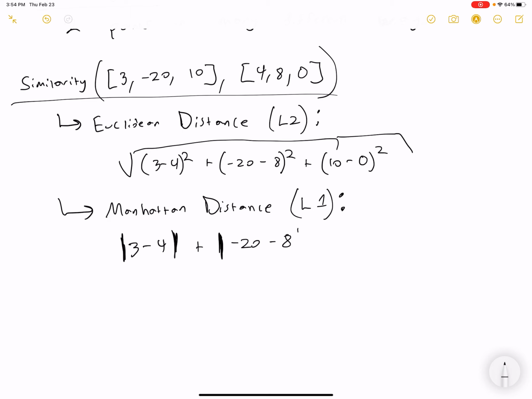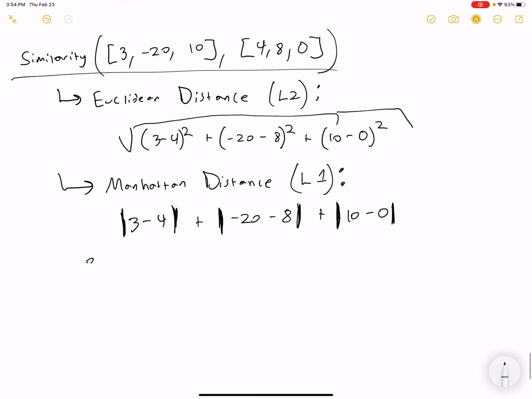This is conceptually like if you divide your data into coordinates, how do you walk along a grid or blocks of your data to get between 2 points? But don't worry about that here. The point is that there's many ways to define mathematically similarity, and they have many different meanings.